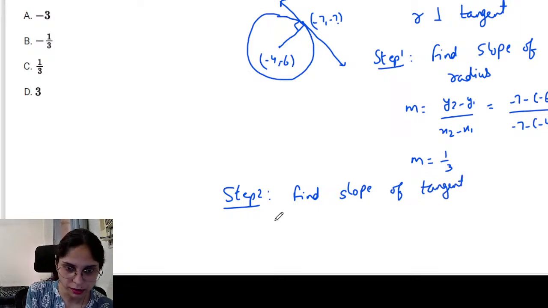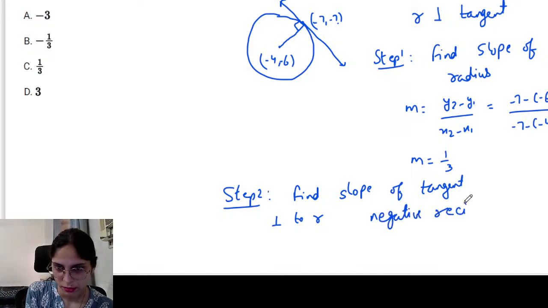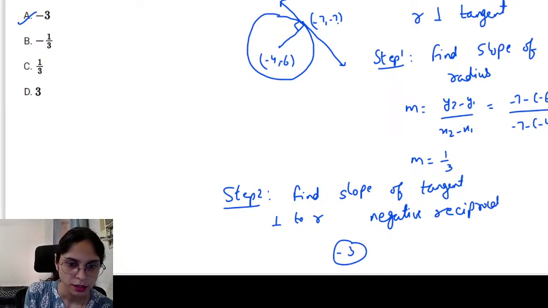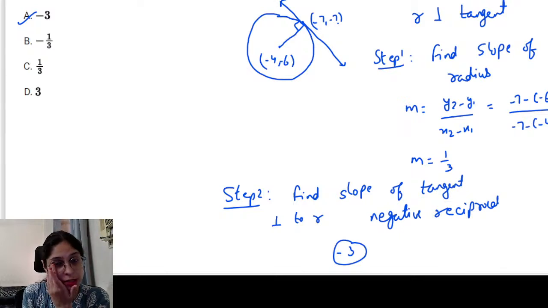Because it's perpendicular, and this symbol means perpendicular, it's going to be -3, the negative reciprocal. So the answer is -3, because when lines are perpendicular, the slope is the negative reciprocal.